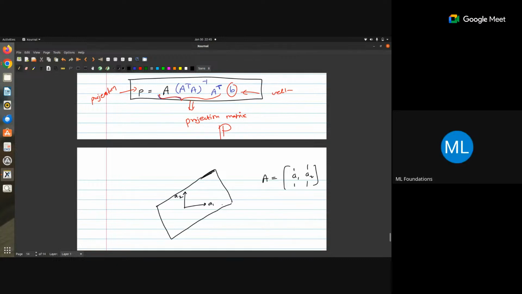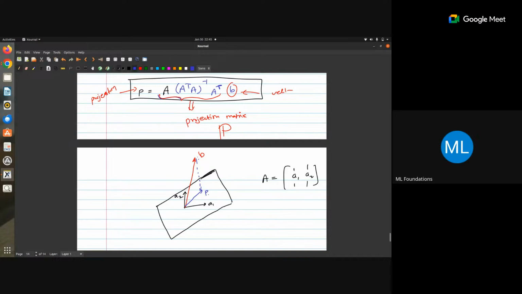This plane represents the span of A. Now I said that there is this vector B, but it was not a solution. I need to find an approximate solution by projecting B onto this column space plane, and that approximate solution was vector P.